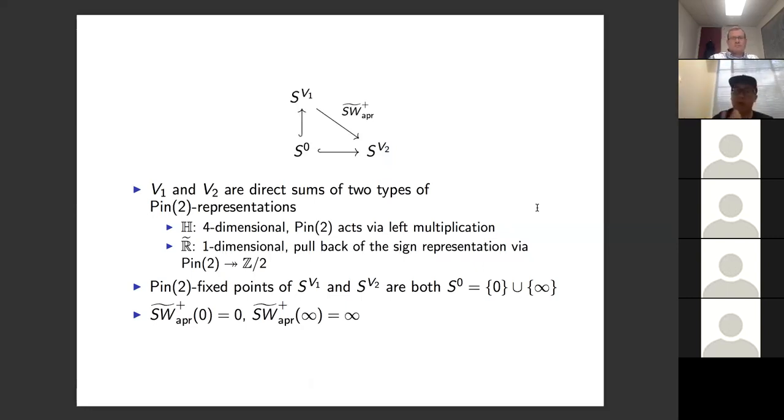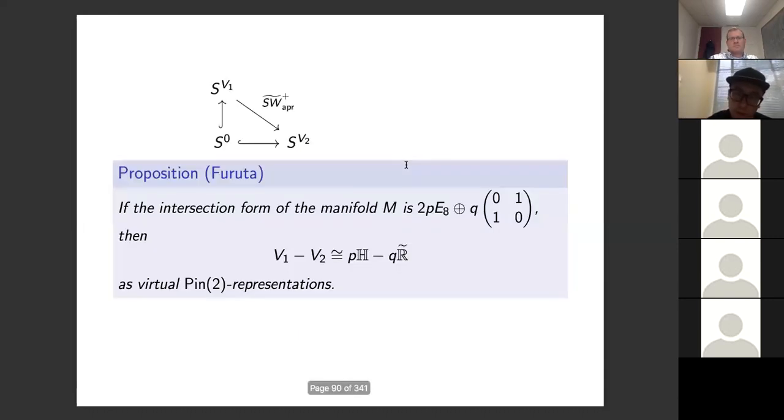So therefore, we're actually looking at a commutative diagram here. S0 sits as the fixed points of both spheres, and we have a commutative diagram like that. So it turns out that by a computation using the Atiyah-Singer index theorem for this Fredholm operator, you can see that if the intersection form is of this form, then we know the difference of these dimensions with this Pin(2) action.